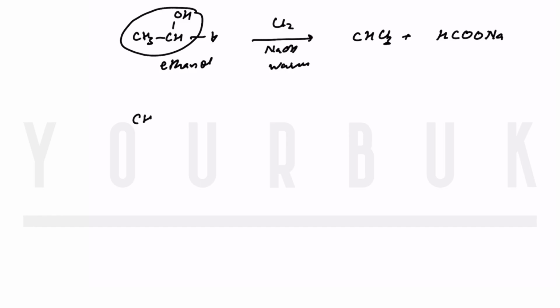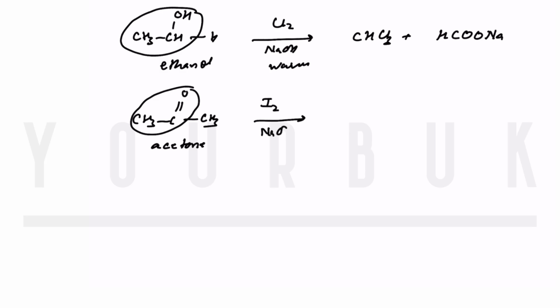Similarly, this compound can be used. This is called acetone, propanone. It also contains this group, and on reaction with iodine, NaOH, and warm, it gives me a yellow precipitate of iodoform, which can easily be detected. And the side product is a sodium salt of acetic acid.